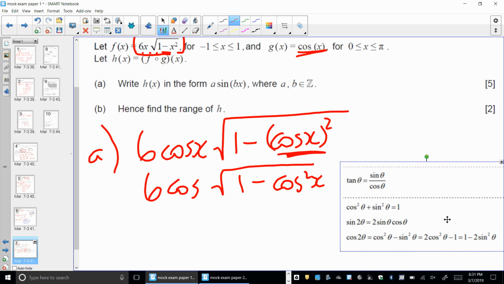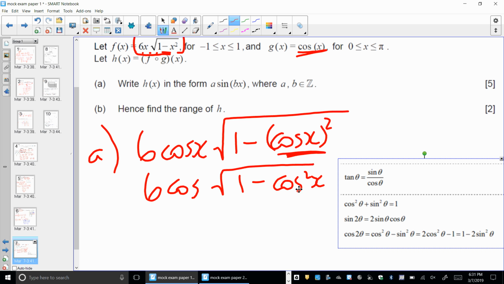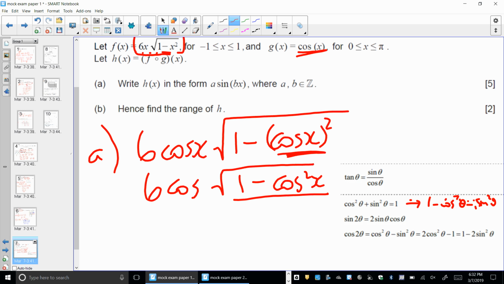Okay, so 1 minus cos squared. We're looking at these things here, seeing which one might be useful. Well, this has got 2 cos squared and a 1. This is the one we're interested in here. So 1 minus cos squared would be equal to sine squared. So that means I can change this to be 6 cos x root sine squared.